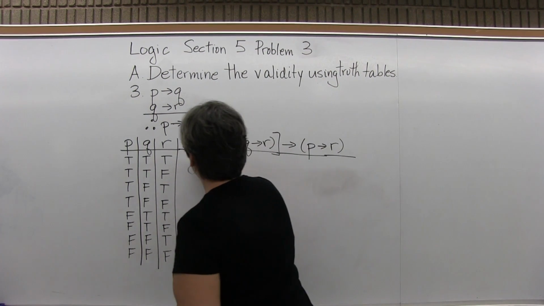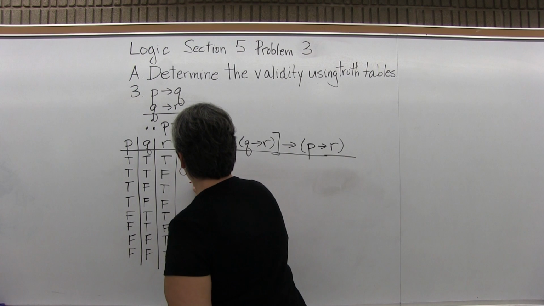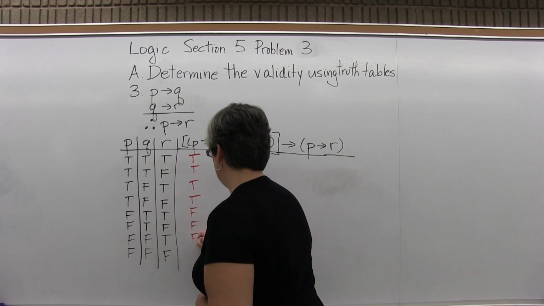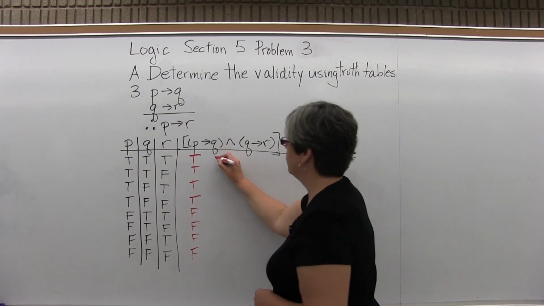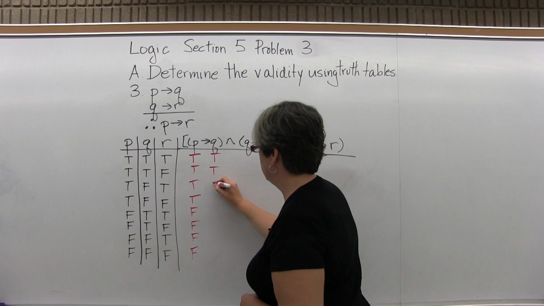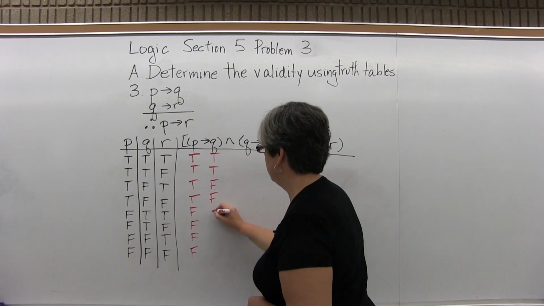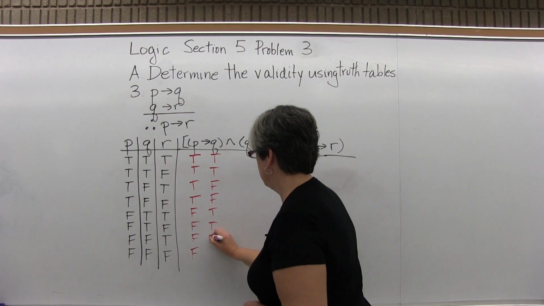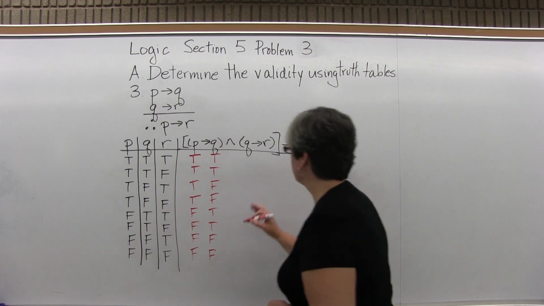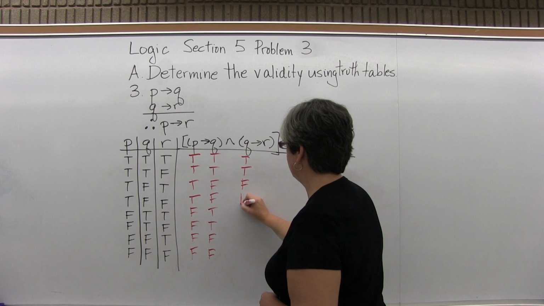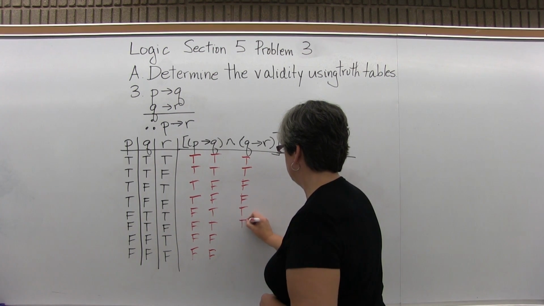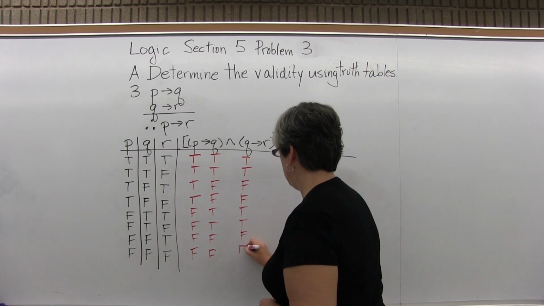For P, true, true, true, true, false, false, false, false. For Q, true, true, false, false, true, true, false, false. For Q again, true, true, false, false, true, true, false, false.